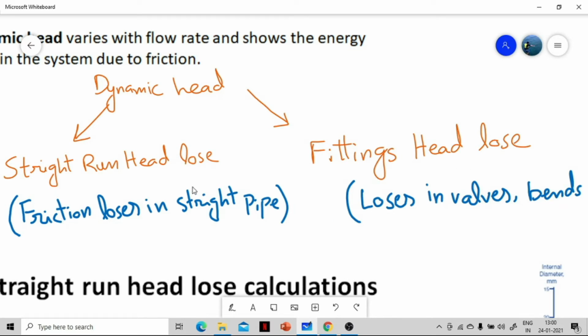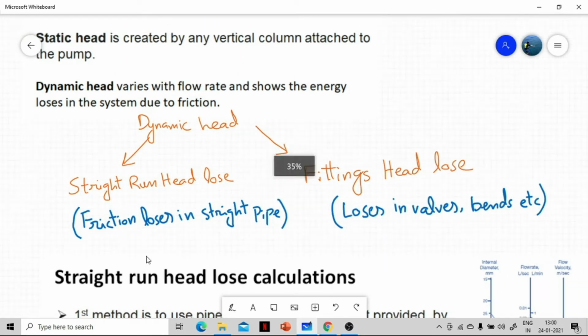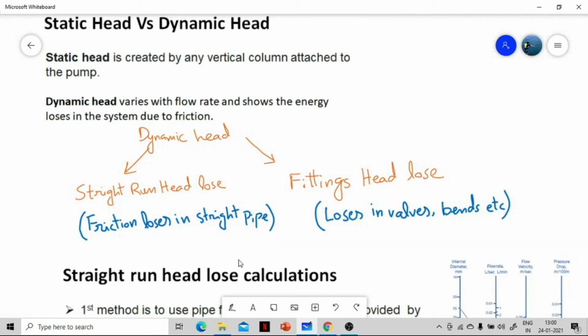Straight run head loss is the frictional loss in a straight pipe, and the fitting head loss is the loss of energy due to friction in valves, bends, tees, and other fitting types. Now we will learn how you can calculate the straight run head loss and fitting head loss.